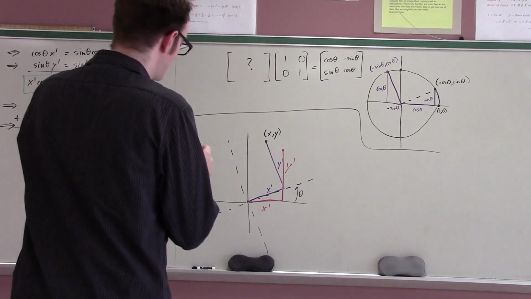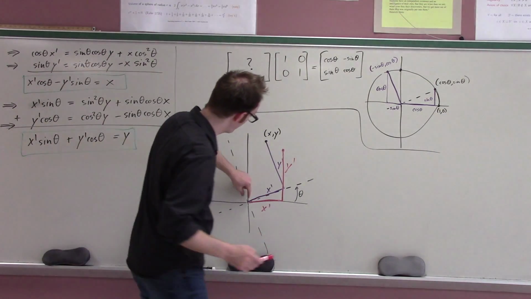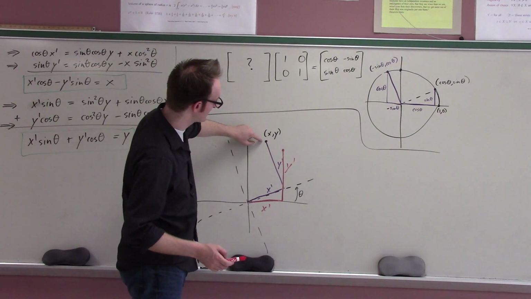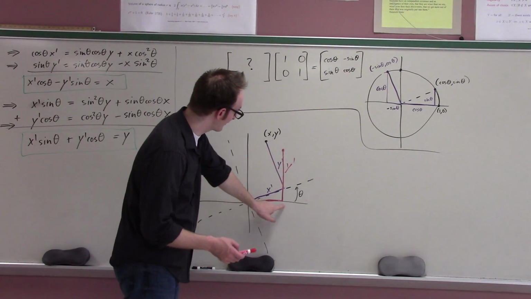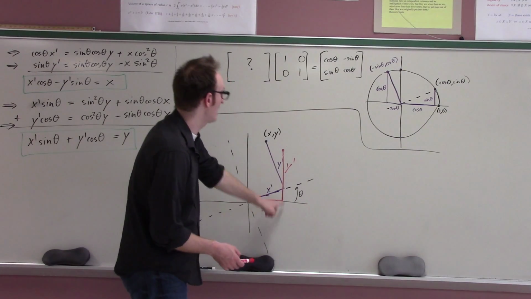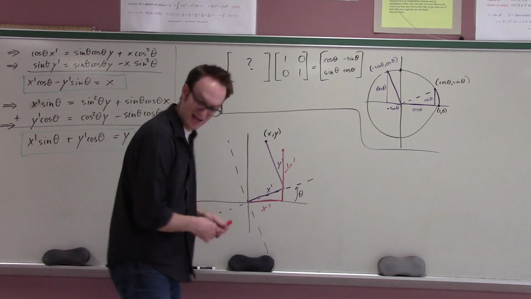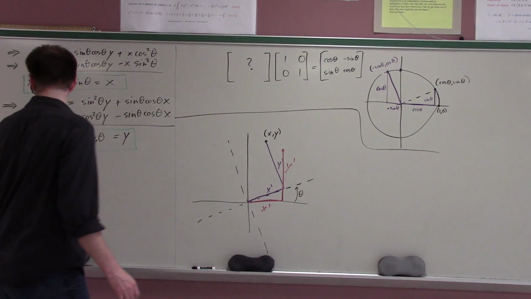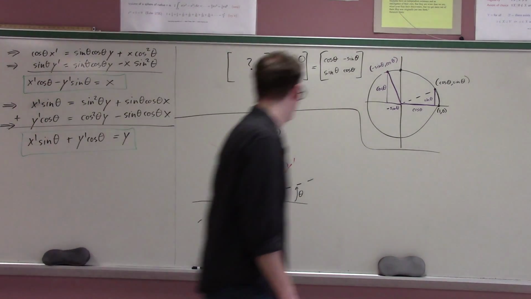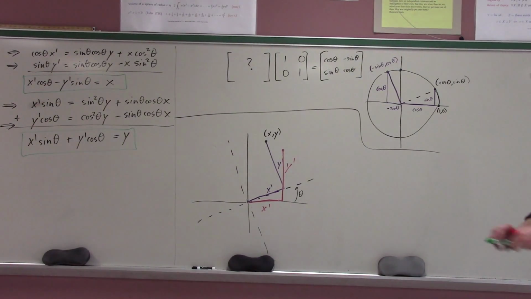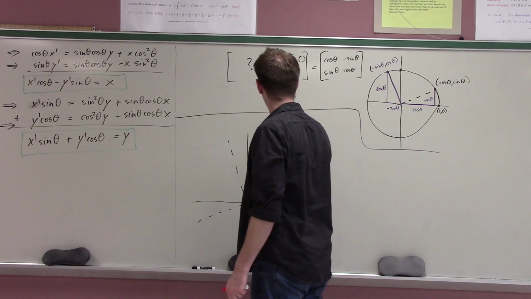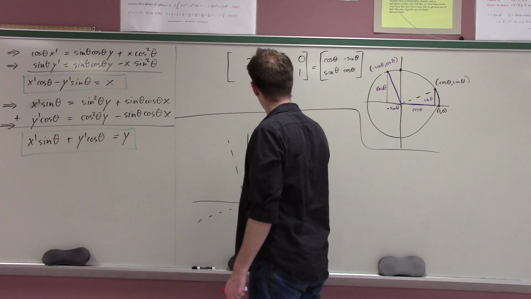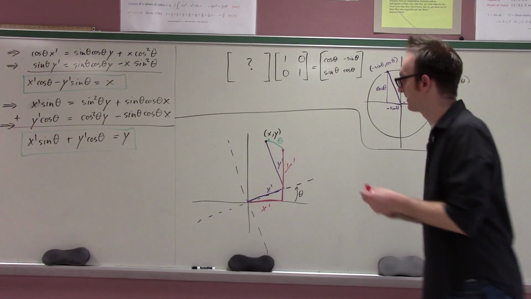As you can see from the picture, if I know the x prime and y prime coordinates of a point, I can go over x prime along the x-axis and up y prime on the y-axis, and then if I rotate that point by theta degrees counterclockwise, that brings me to this point x, y.